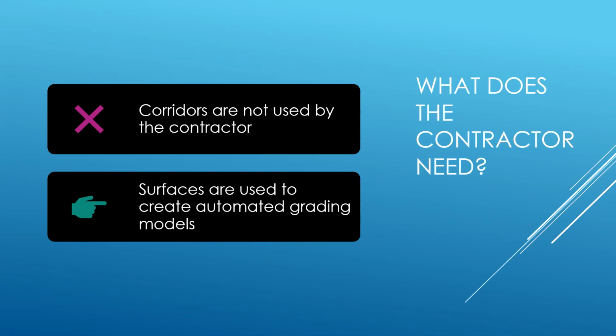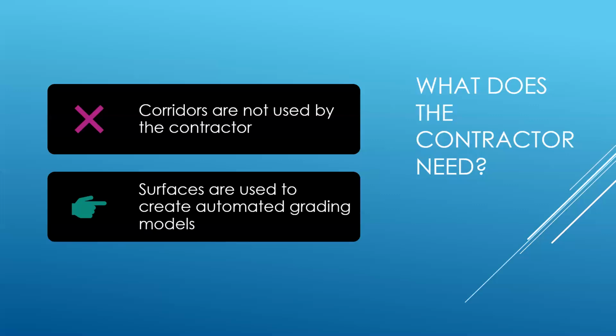So I spoke to my construction management group at Jacobs, and it was clear that the contractor's not using the corridors. They're not using the stage corridors. What they are using is our stage surfaces that we're providing to create their automatic grading models. So if they're not using the staged corridors, they're using the stage surfaces.